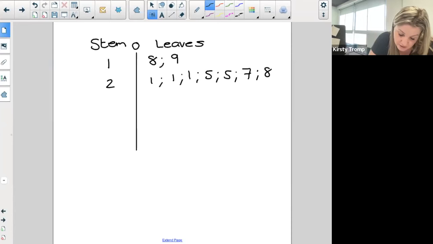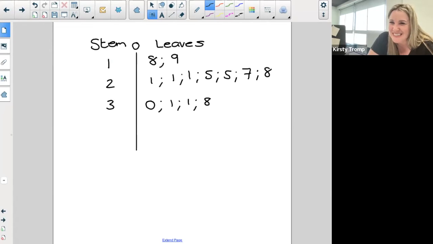What comes after the number 2? It's the number 3. Your next stem is 3. We had 30, so 0. We had 31, so 1. We had another 31, so 1. And we had 38. Thank you, Mulalo, for helping me out along the way. Well done.